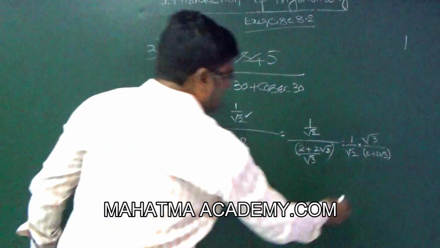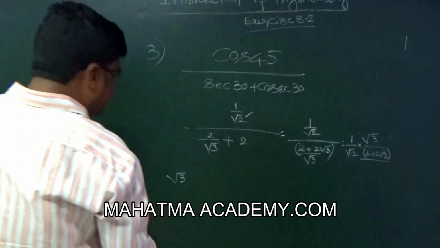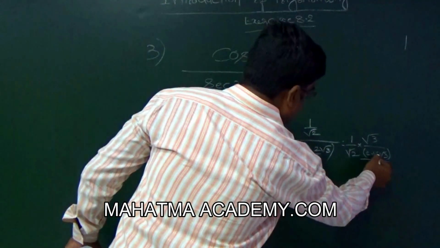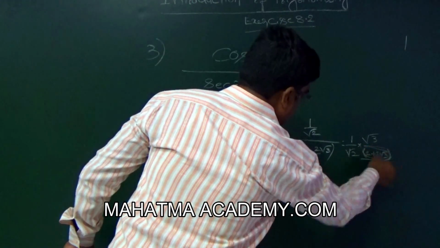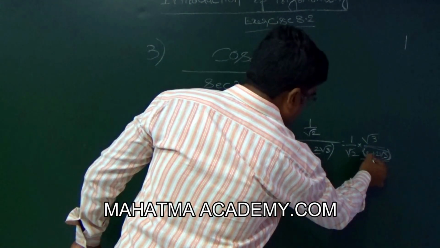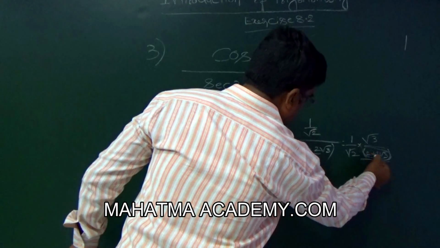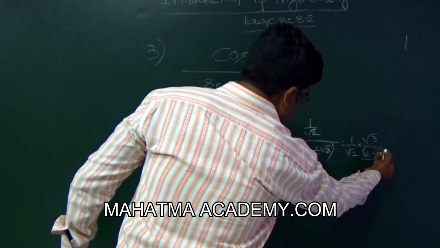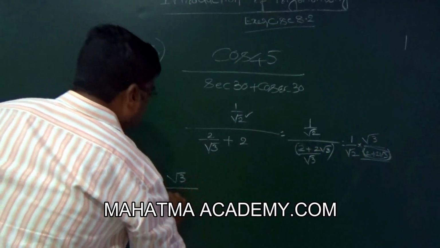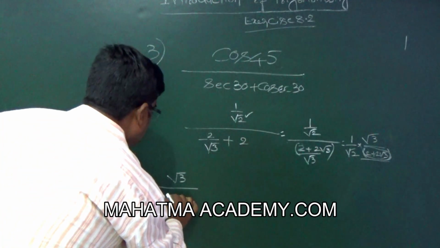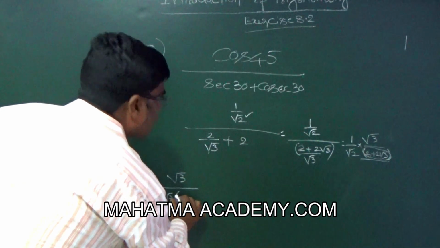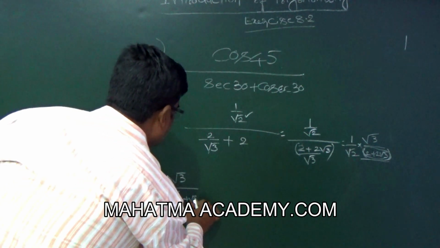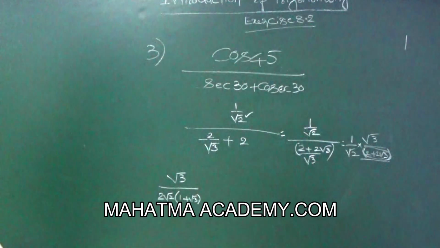Simplify this equation. 2 is common in both the terms. So result is root 3 upon 2 root 2 into 1 plus root 3.